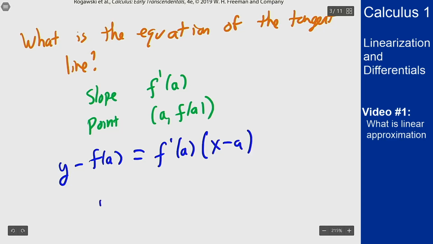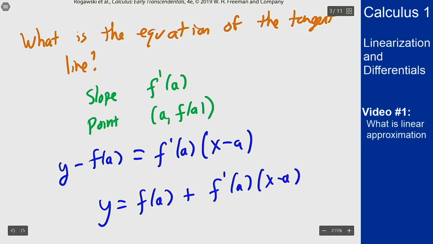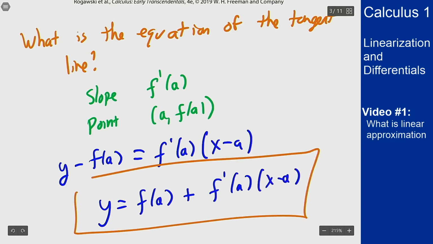Or if I rearrange, y equals f at a plus f prime at a times x minus a. And this should look familiar. This is the same thing we got from the definition of derivative in the last part. So this thing here is super important for figuring out linear approximation. This is what I mean by linearization here.